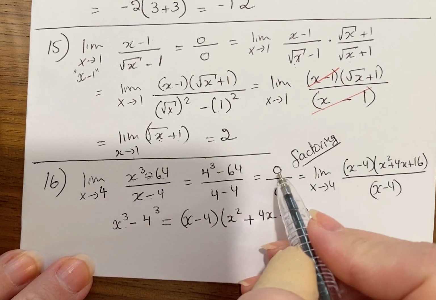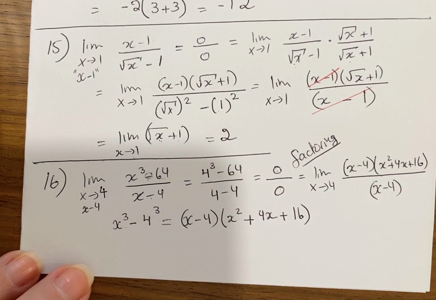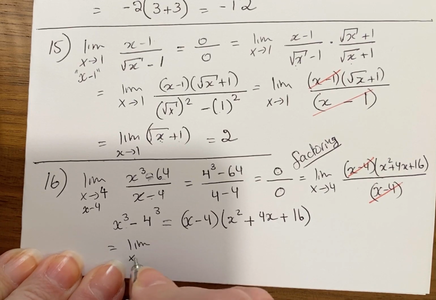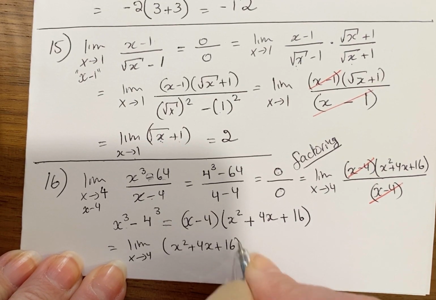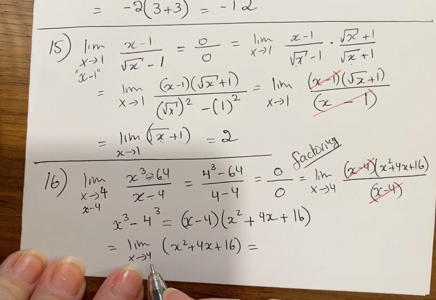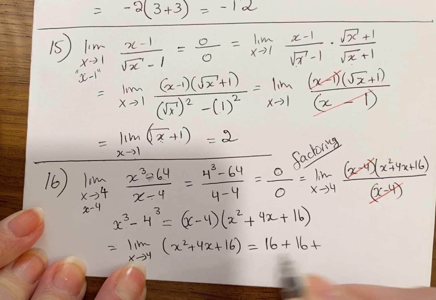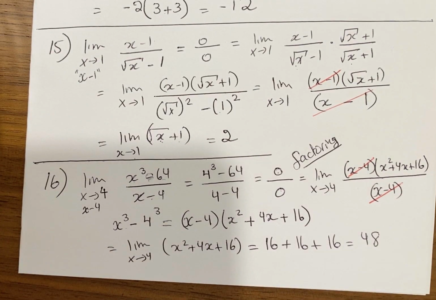Why? Because what was causing the 0 up and down? Which factor were we looking for? We were looking for the factor x minus 4. We found it. So now I can say that this limit is equal to the limit as x approaches 4 of the simple x squared plus 4x plus 16, which is equal to 4 squared, 16, plus 4 times 4, 16, plus 16 again, which is 48.